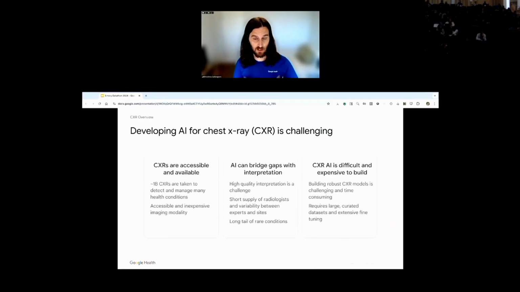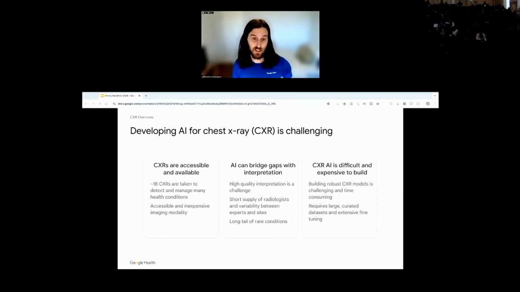So with that, let's talk about chest X-ray, which I think you've already gotten a lot of great information about, but positioning this as to why we started with AI for chest X-ray, and specifically why vector embeddings for chest X-ray. Chest X-rays are ubiquitous, and they're also relatively inexpensive. There are about 1 billion, probably more like 2 billion even, or between those two, taken every year.